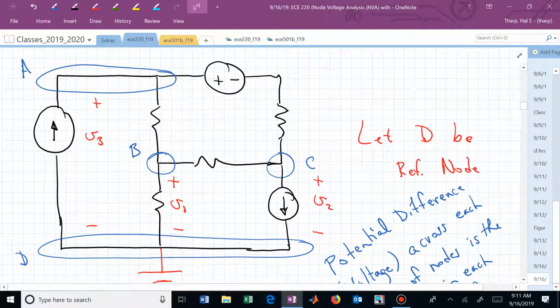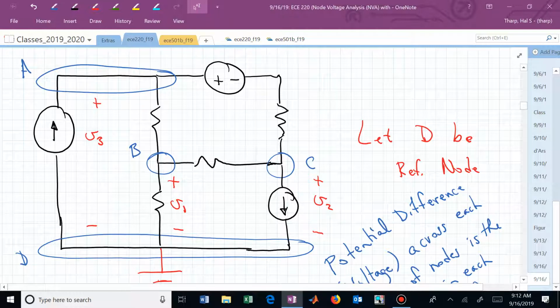What's the voltage dropped from node A to node B? How would I write that relative to these node voltages? If I want to know what's the voltage from node A to node B, how would I express that in this circuit? How would I write the voltage drop from A to B?